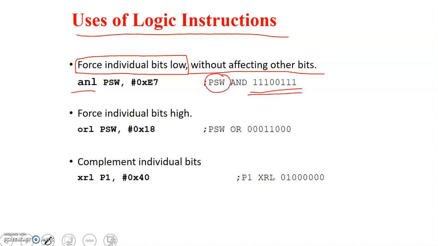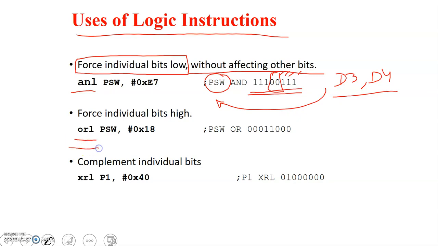So basically these two bits will be forced to 0. Okay, this is your D0, D1, D2, D3, and D4. So D3 and D4 bits of the PSW will be forced to 0.